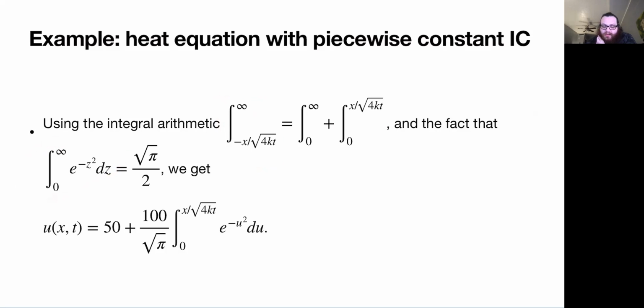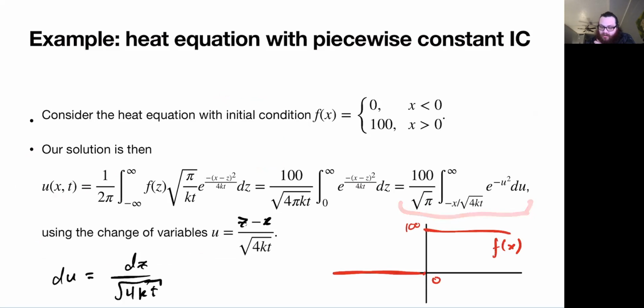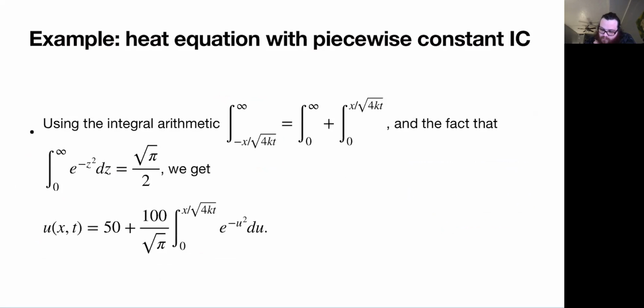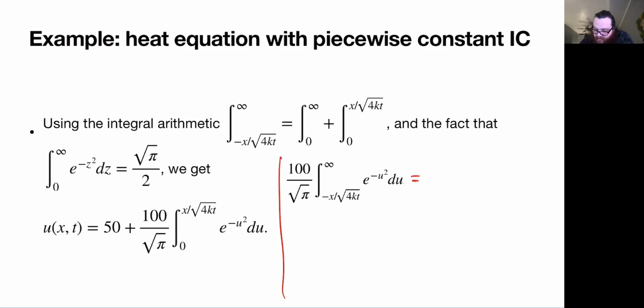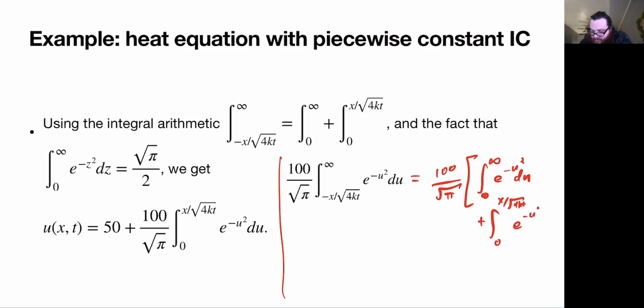So what we can do is go back here, take this expression right here, copy it, and then write this as 100 over root pi times the integral from 0 to infinity of e to the minus u squared du, plus the integral from 0 to x over root 4kt of e to the minus u squared du.